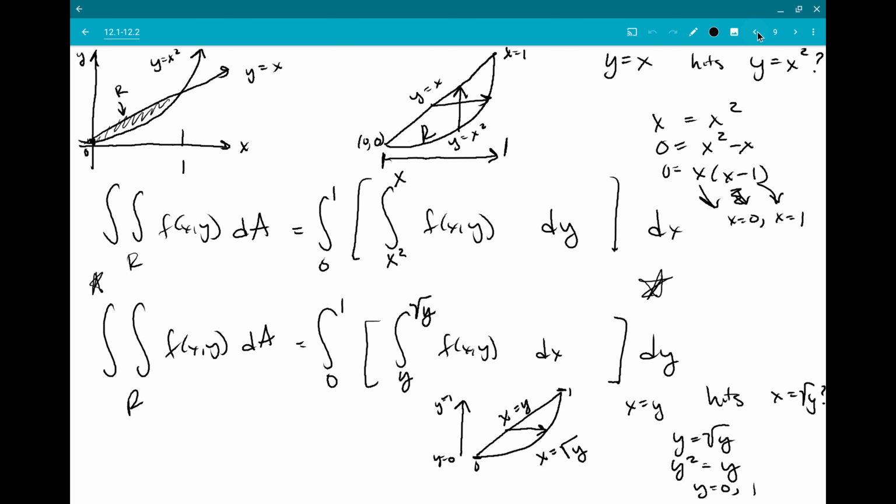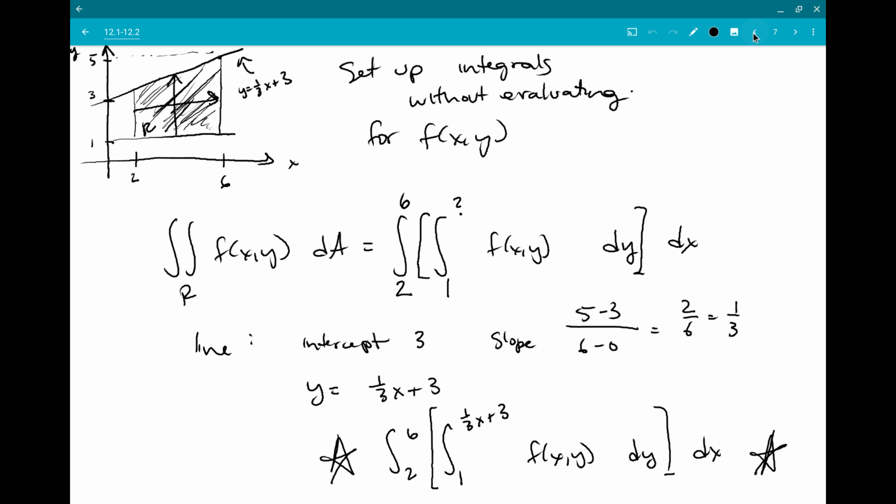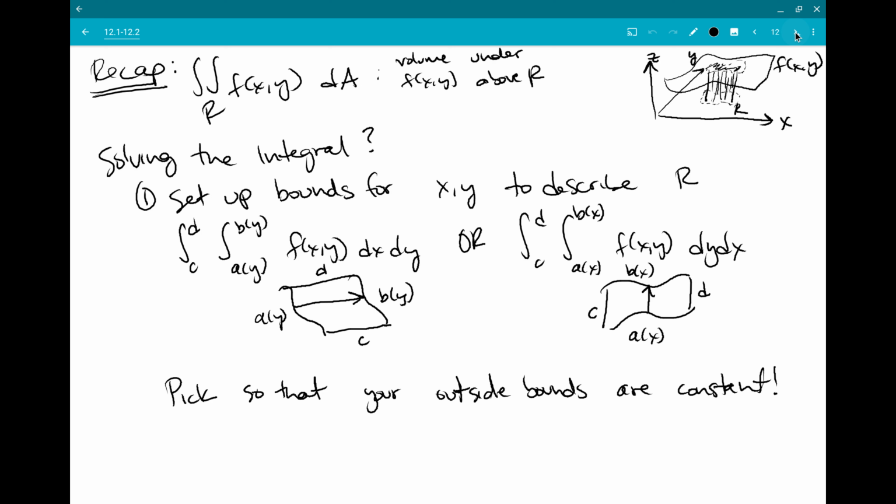So if we go back to one of our examples, here's one where if we did the left version first, our up and down, we would have to break up into two pieces if we wanted to keep our up and down curves constant. So that one would be kind of tricky. So you pick your bounds so that the outside is constant.